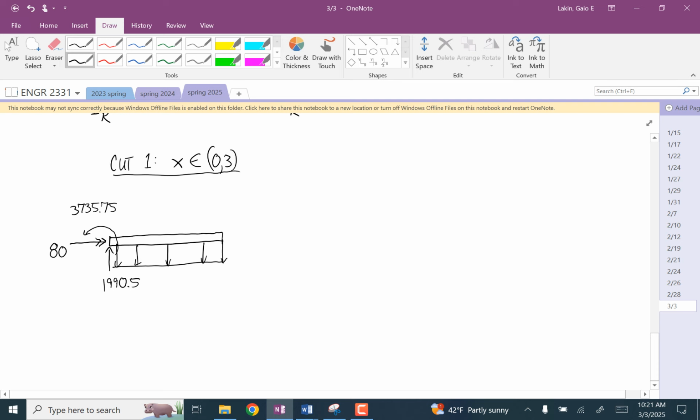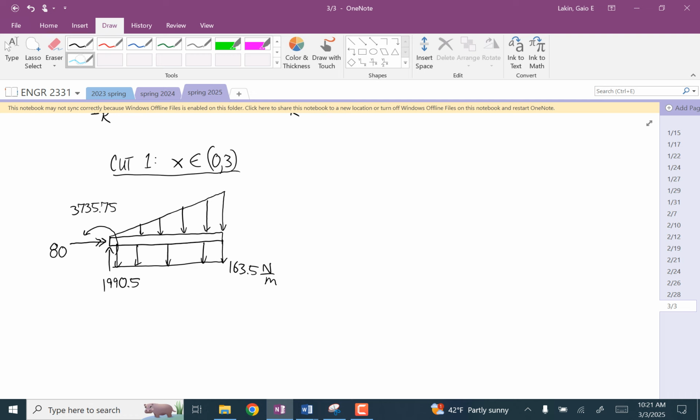That's a uniform distributed load of 163.5 newtons per meter. And then we have a triangular distributed load like this. And we don't know yet what the height of that is. That's something we're going to have to deal with because I'm going to erase this in a second, but remember that we're leaving off this stuff.